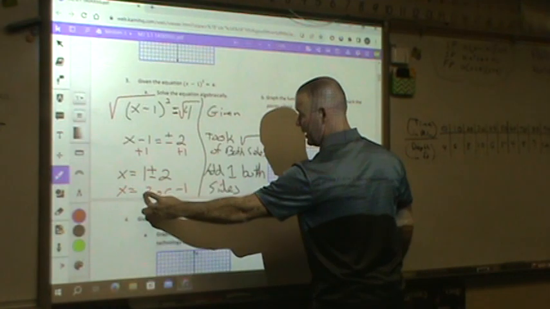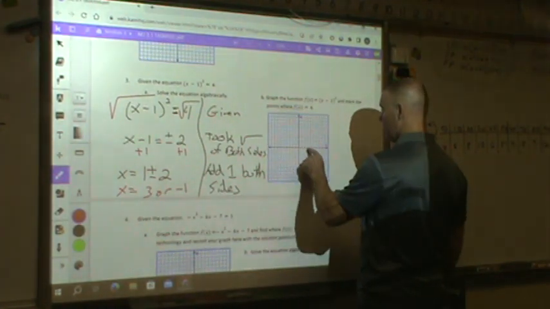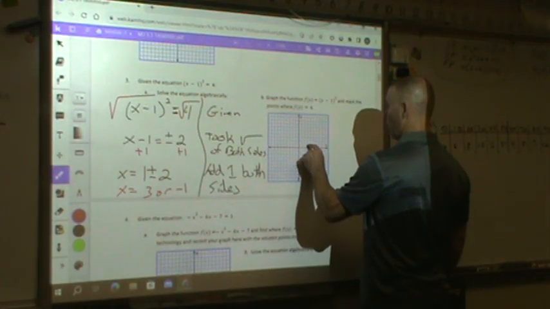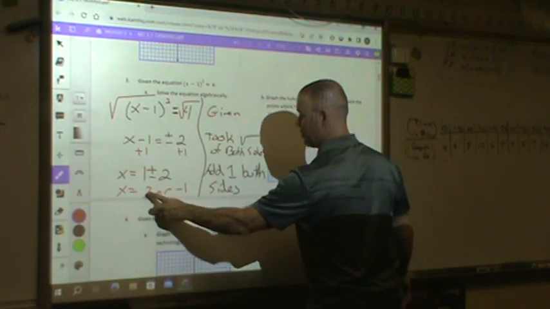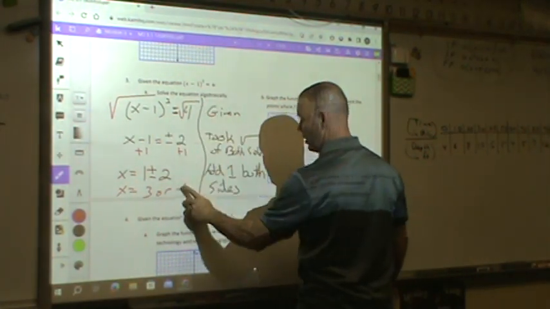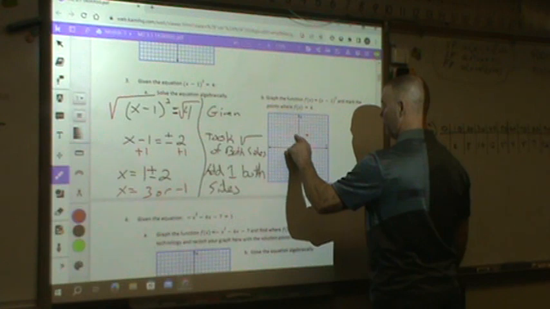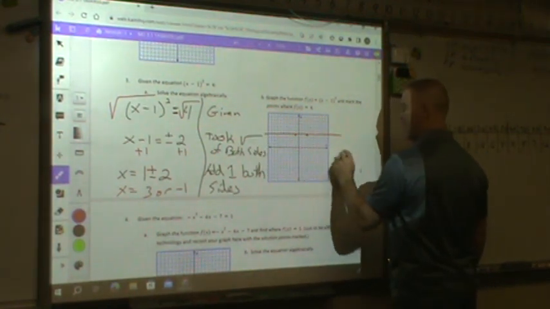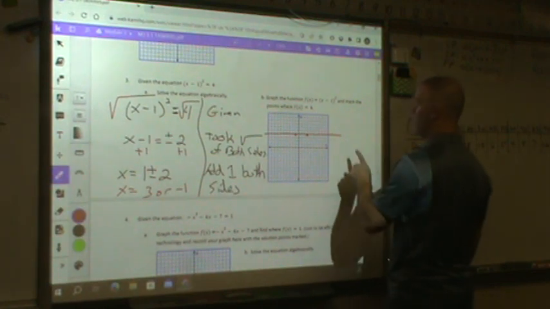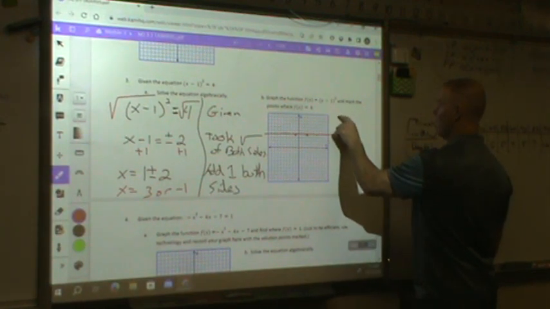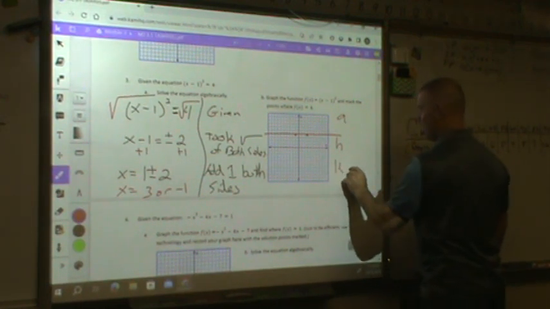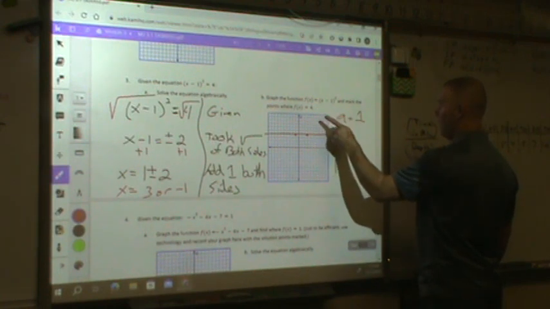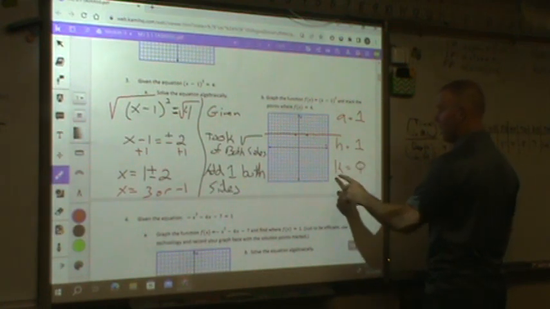So I'm going to predict at 3, 4 and negative 1, 4, those points are going to be on my graph. At 4, my graph is going to pass through those 2 points. So I want to graph this. Well, a, h, k. a is 1, h is also positive 1, k is 0.